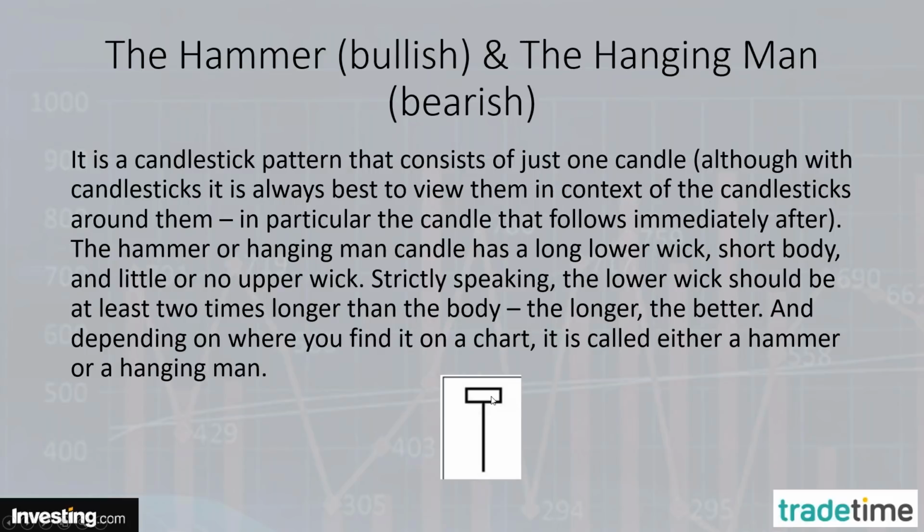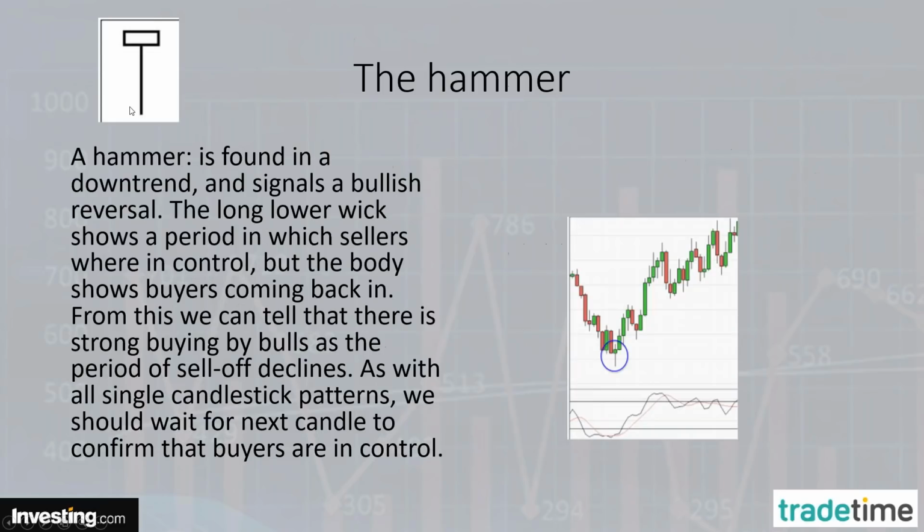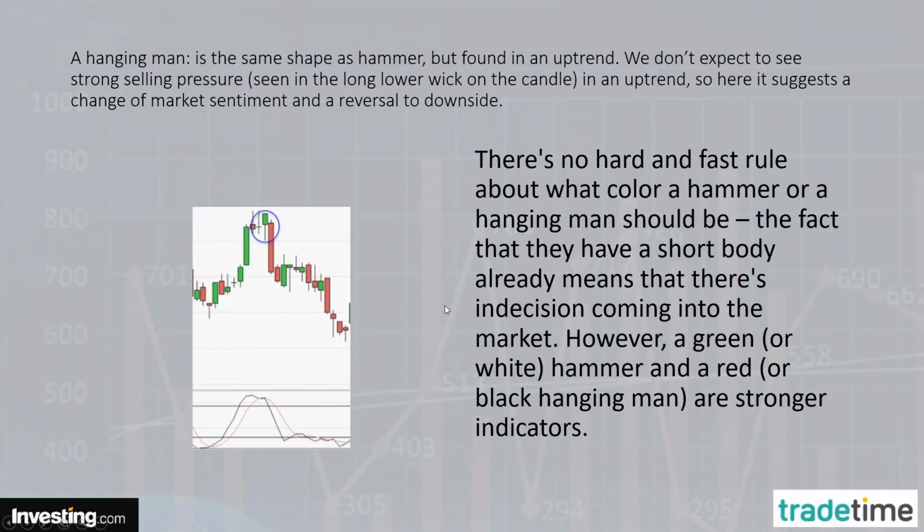So this looks like a hanging man. Okay. The hammer looks the same. They're just in the opposite direction. Okay. So you have your handouts that will help you with these, because unfortunately in this short little class, there's not enough time to go over each one, and you won't remember them anyway. So use your handouts.